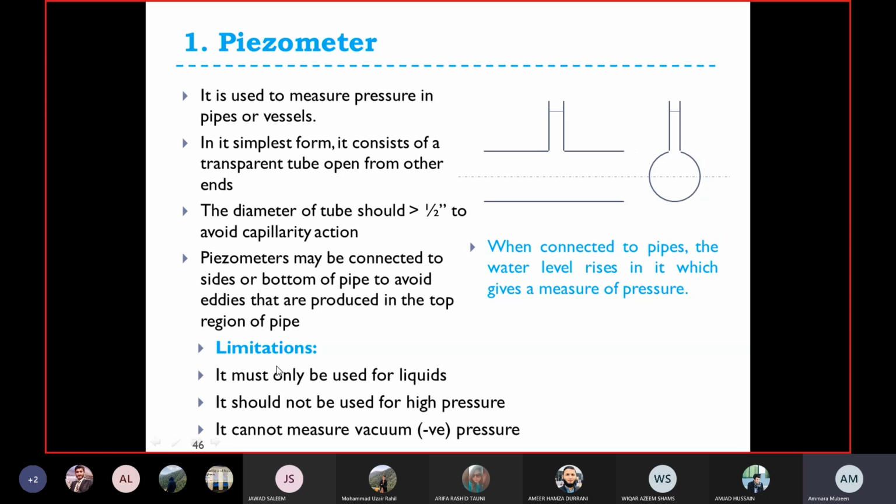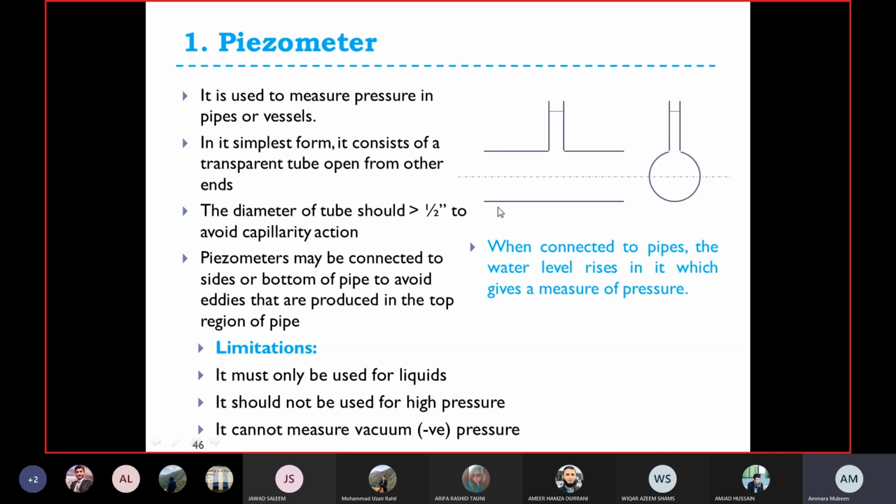Piezometers may be connected to sides or bottom of the pipe to avoid eddies that are produced in the top region. Limitation: it must only be used for liquids. It should not be used for high pressure. It cannot measure vacuum pressure. So these are its limitations.